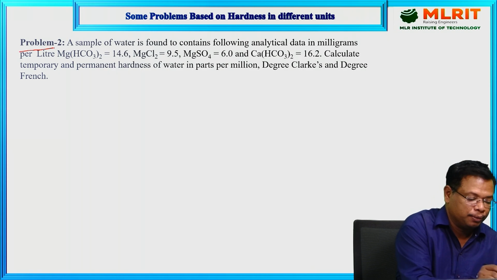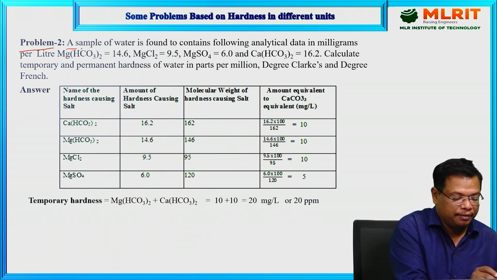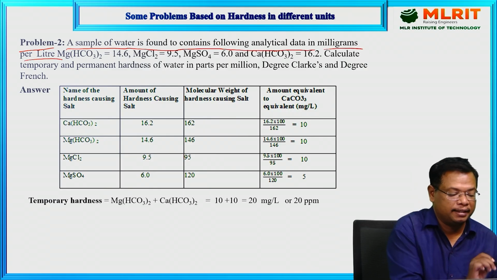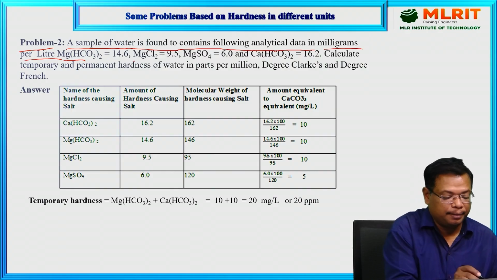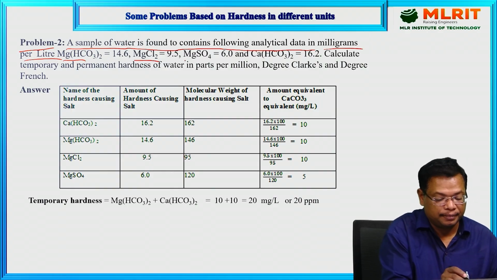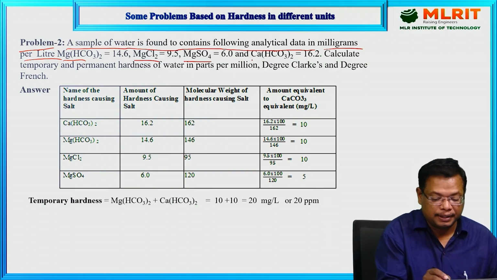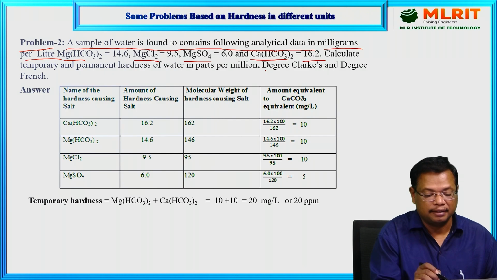So problem 2. A sample of water is found to contain the following analytical data in milligrams per liter: magnesium bicarbonate 14.6, magnesium chloride 9.5, magnesium sulfate 6.0, and calcium bicarbonate 16.2.